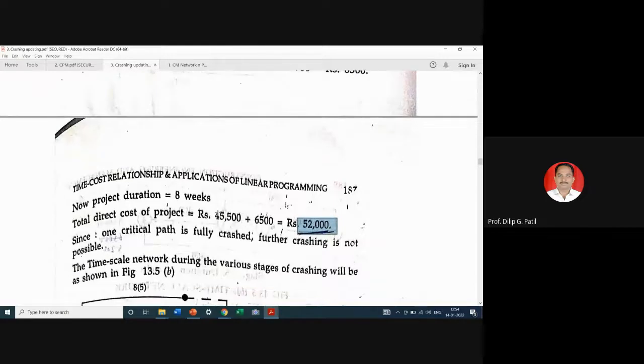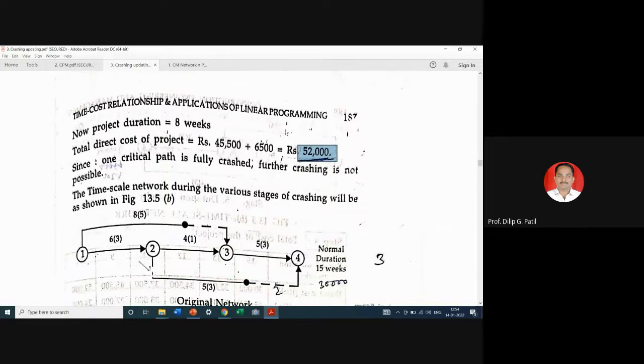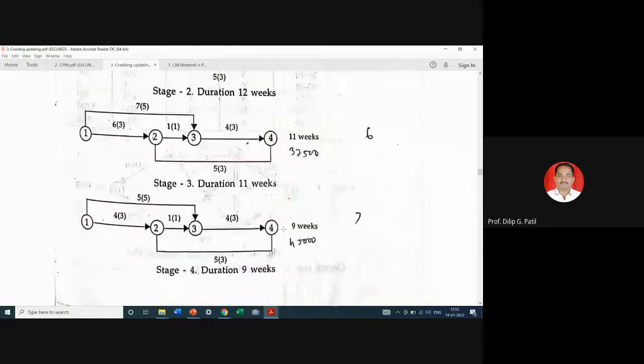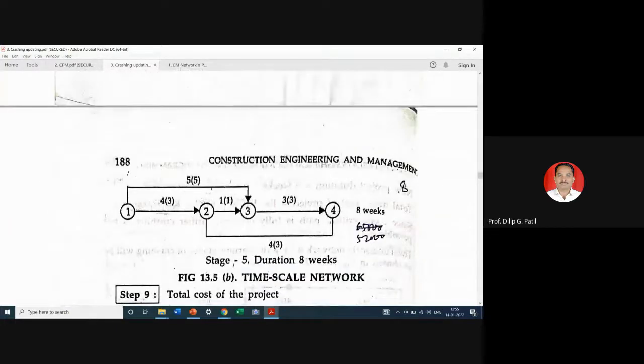So duration is now 8 weeks. Since one critical path is fully crashed, further crashing is not possible. So time scale during the various stages of crashing will be shown like this. So here at the last stage 9 to 8, you can see here we have crashed this as to 3.